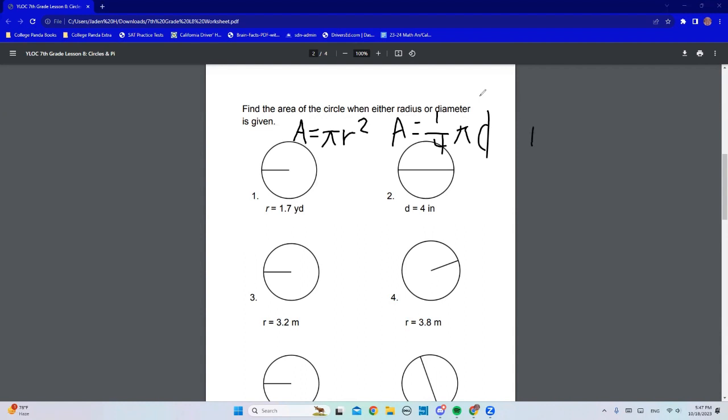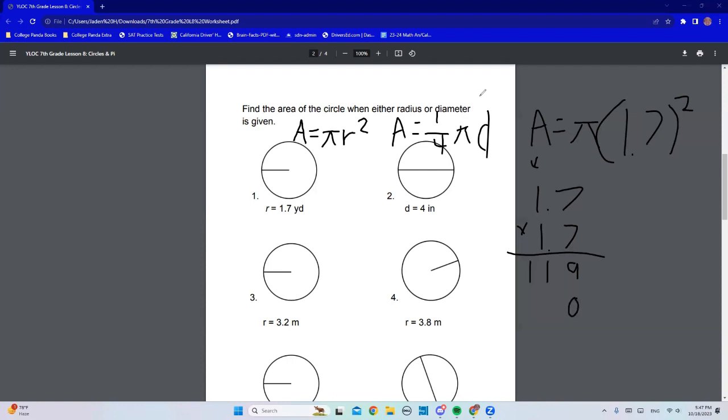So area is equal to pi and then 1.7 squared. So 1.7 times 1.7. Let's do that first. Well, 7 times 7 is 49, and then 7 times 1 is 7, plus 4 is 11.